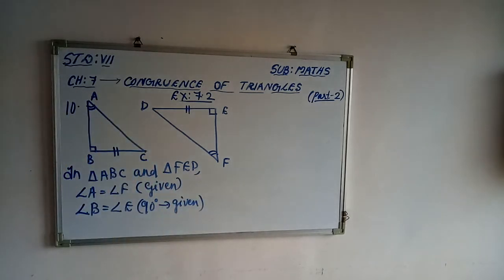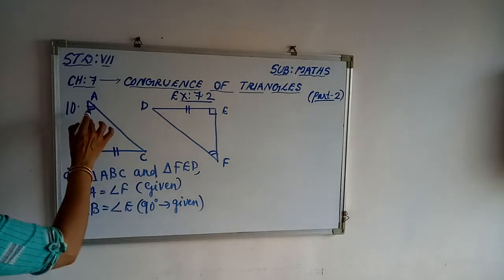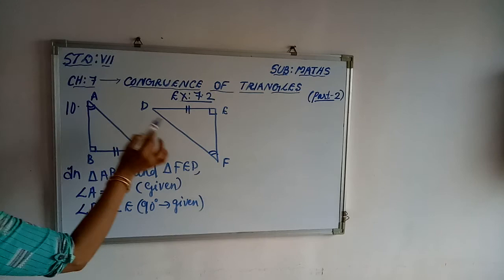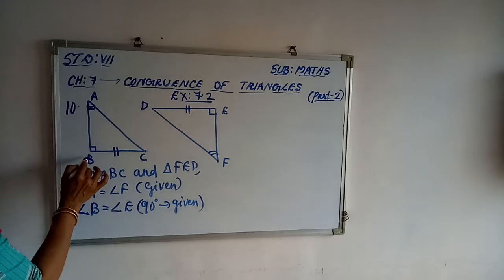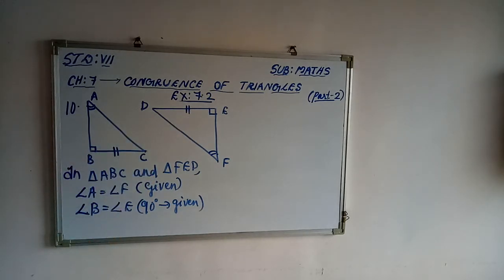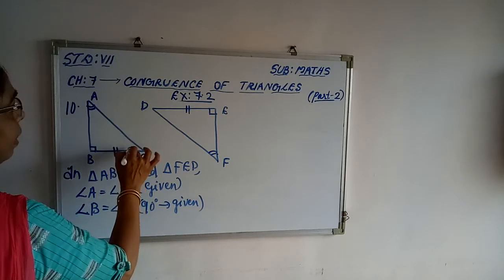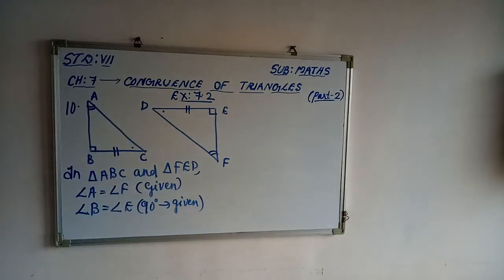Now, next what is given? Anything else given? Now see. In triangle ABC, angle A, and in triangle FED, angle F, they are equal. Angle B and angle E, they are 90 degrees, given. So they are equal. Then what about angle D and angle C? Tell me. You know that in a triangle, the sum of the angles is 180 degrees.